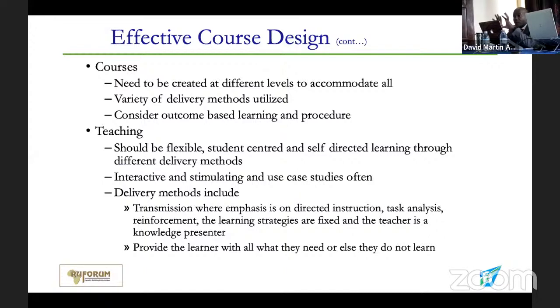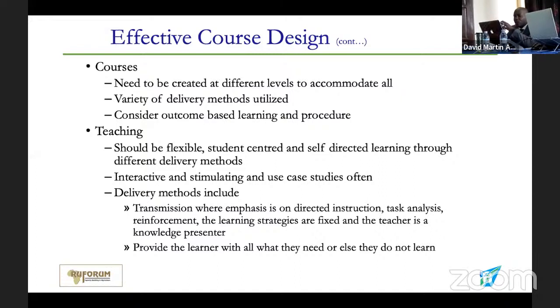So, because we have looked at the approaches, we also now look at the delivery methods that come with the approaches. There is a delivery method which is called transmission. You are putting forward something. Here, the emphasis is on direct instruction, task analysis, reinforcement, and the learning strategies are fixed, and the teacher is more of a presenter.